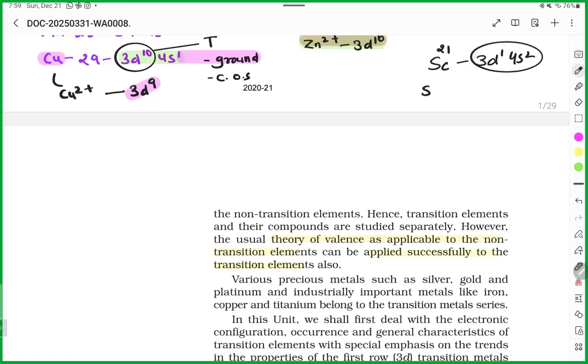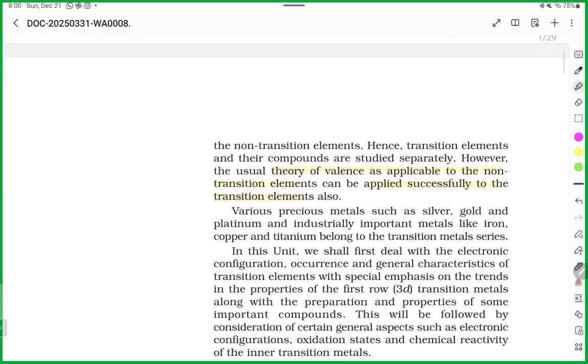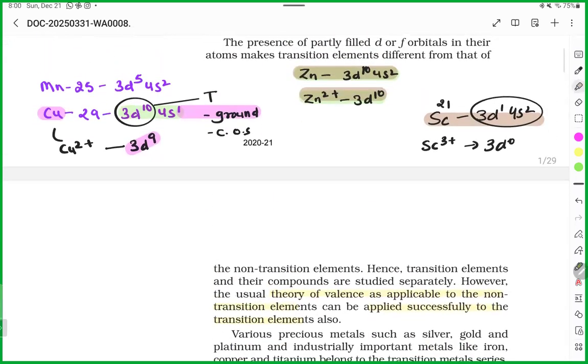But if you take scandium 3 positive, a very common oxidation state, it will be 3d0. So this scandium is fulfilling the first criterion. In the ground state, it is a transition element, right? Yes, sir. In any situation, whether ground state or common oxidation state or any ion, if it contains an incomplete d orbital, you will call it a transition element. Okay, understood?